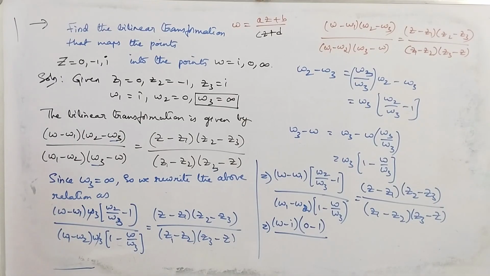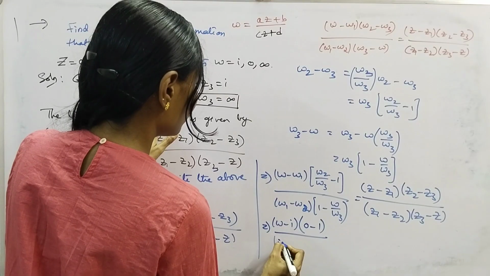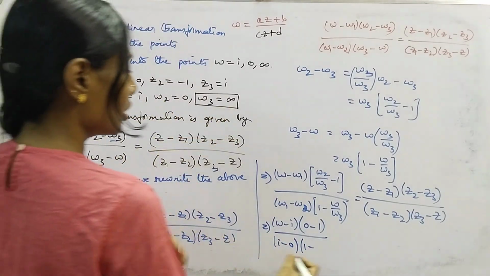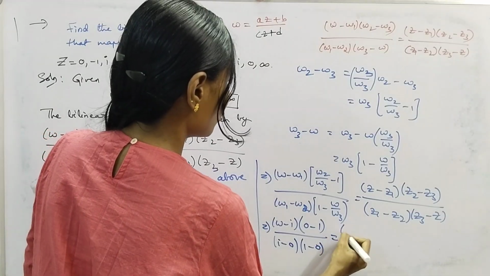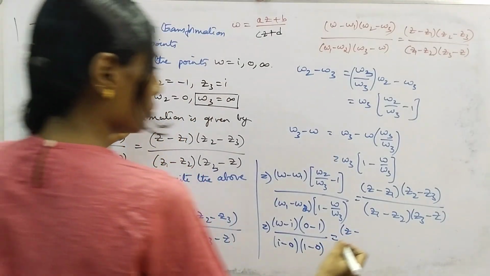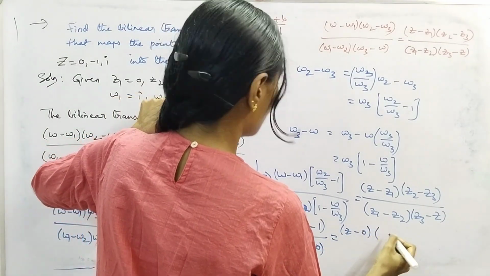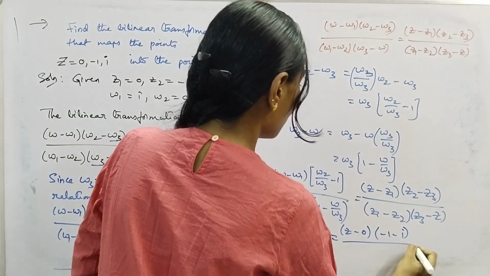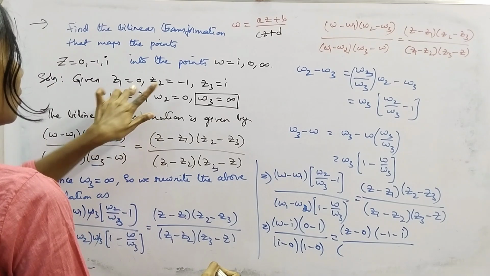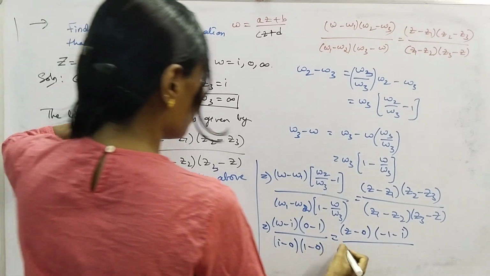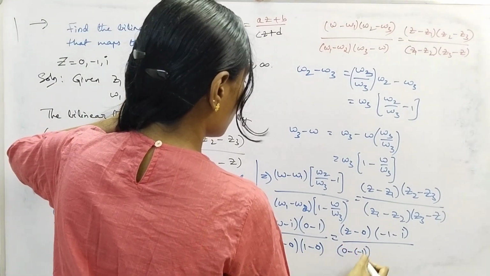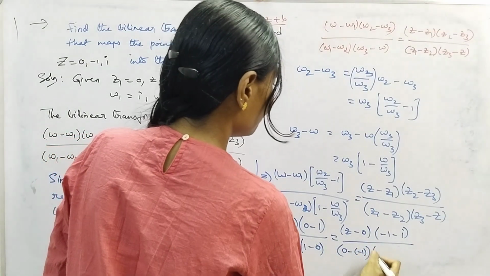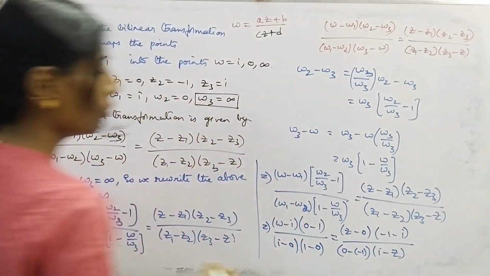Omega 1 minus omega 2 is I minus 0, into 1 minus omega by infinity 0, equal to z minus z1 is 0, z2 minus z3 is I by z1 is 0, minus of minus 1 and z3 is I minus z. Now we need to simplify it.